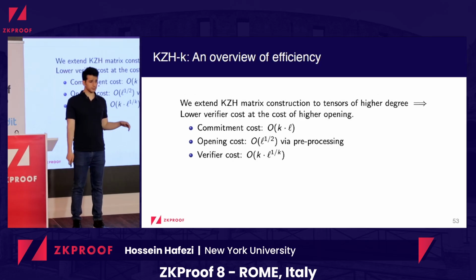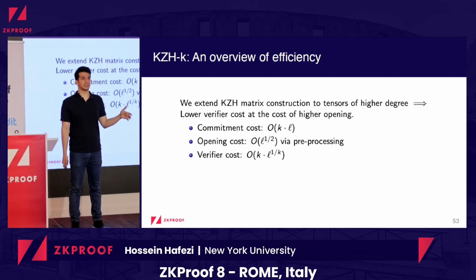And then we also extend this model of putting everything in a matrix to a tensor. We come up with a generalization of KZH2, which is KZHk, where we use a tensor of degree k instead of a tensor of degree 2, which is a matrix. For example, a cube would be a tensor of degree 3.